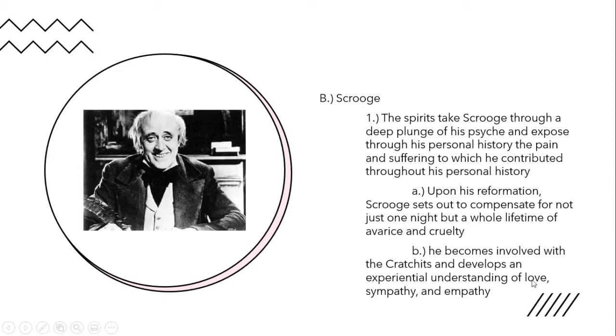But it's explicit in A Christmas Carol that Scrooge goes on to become involved with the Cratchits on a personal level. He takes care of them. He makes sure that Tiny Tim gets the medical help that he needs. And he goes on to develop an experiential understanding of love, sympathy, and empathy, rather than a momentary emotional knee-jerk reaction, right?